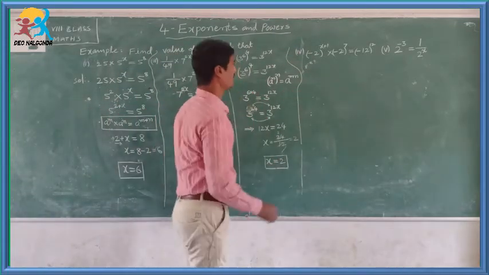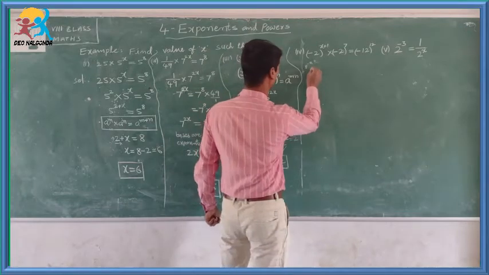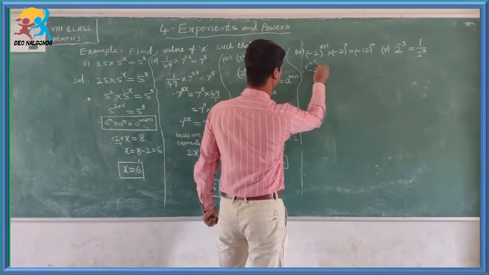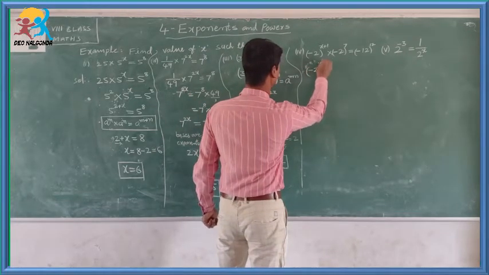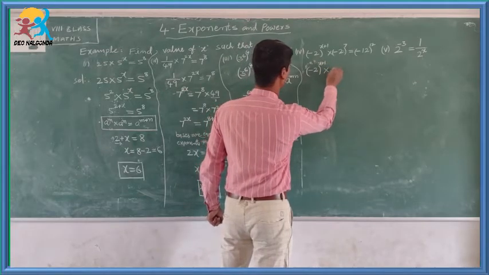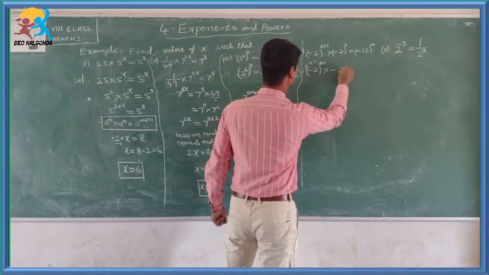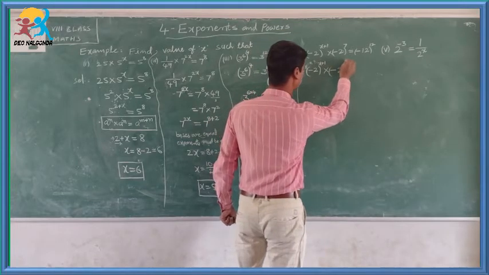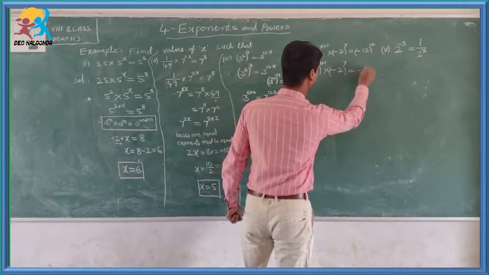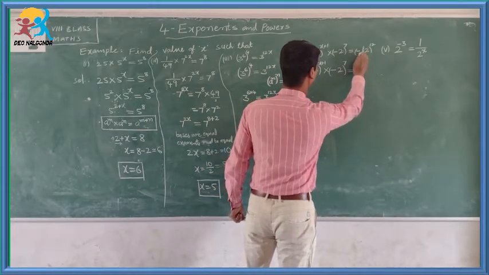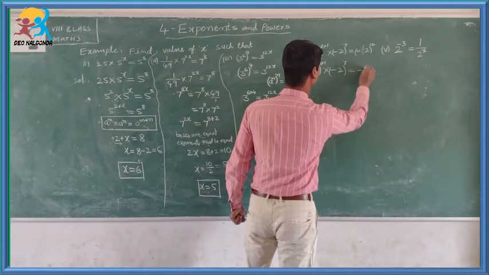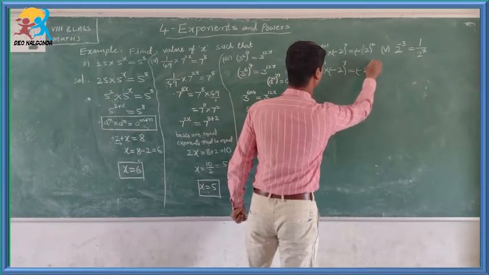And here is the next problem: minus 2 whole power x plus 1 into minus 2 whole to the power of 7 equal to minus 2 whole to the power of 12.